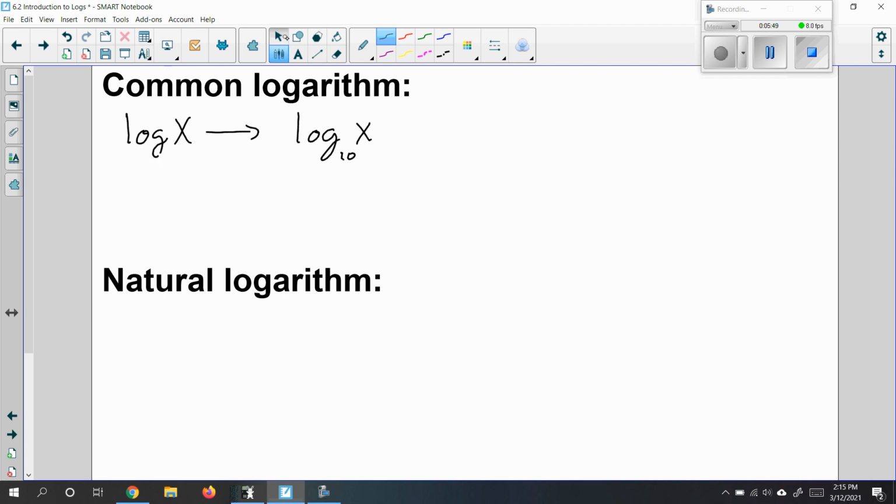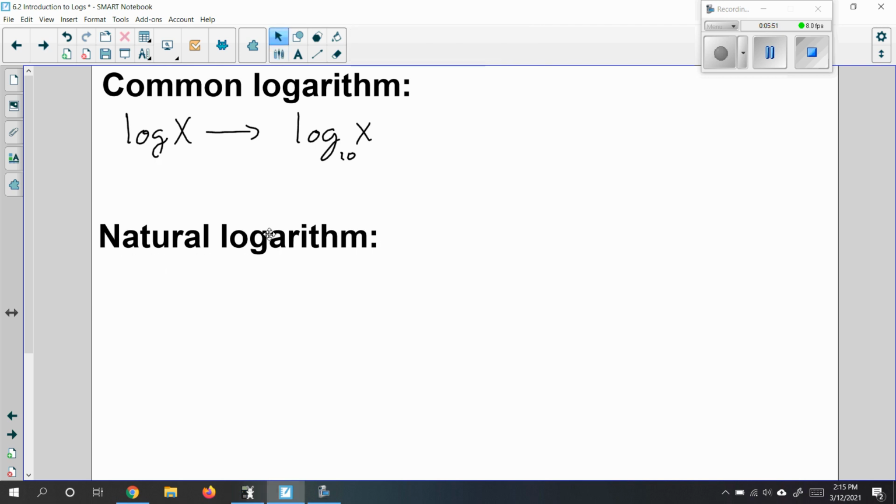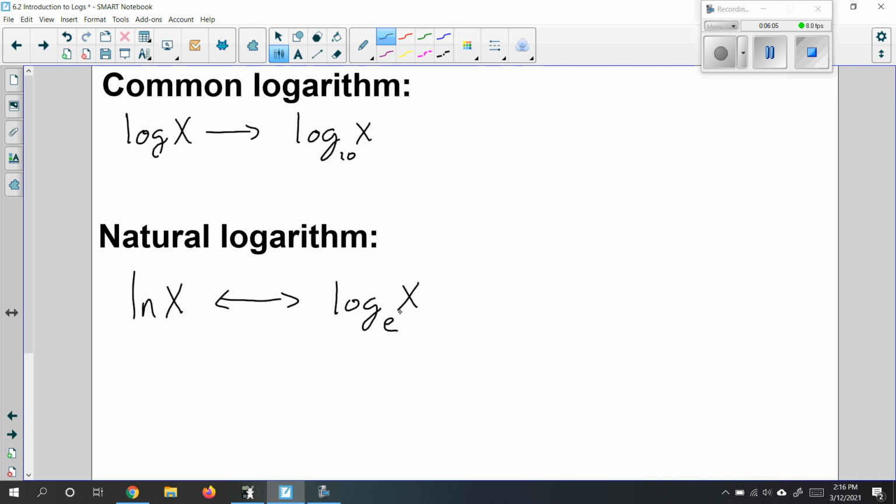Now let's look at the natural logarithm. The natural logarithm, or ln of x, that is the same as log base e of x. Recall the number e is the number we talked about last lecture. e is approximately 2.71828, etc. e is such an important number in math that it gets its own logarithm.